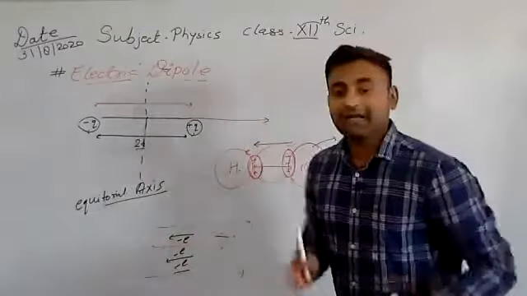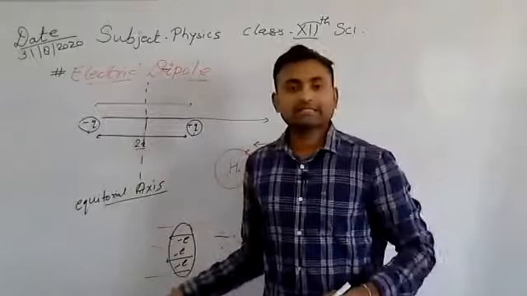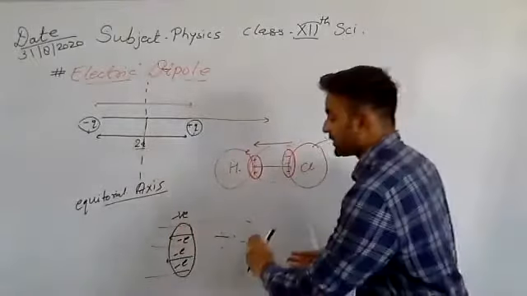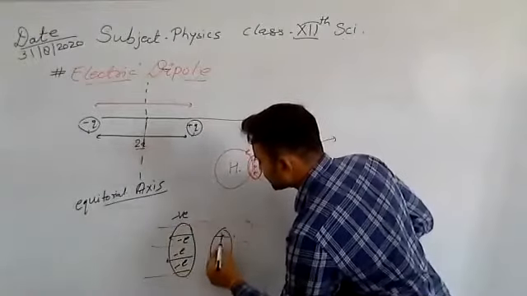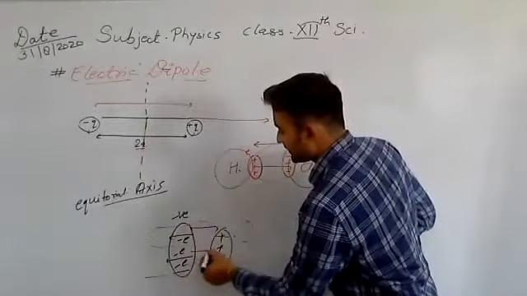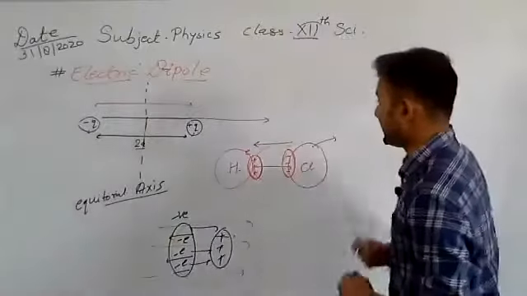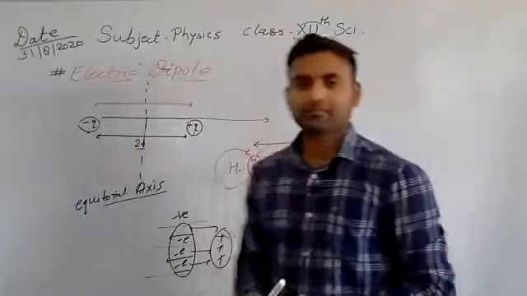So due to that, this part of the dielectric will have negativity, and since the electrons have been moved from here, they will leave the same magnitude of positivity here. So it is nothing but an electric dipole.